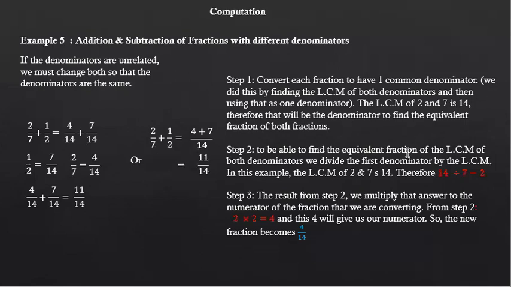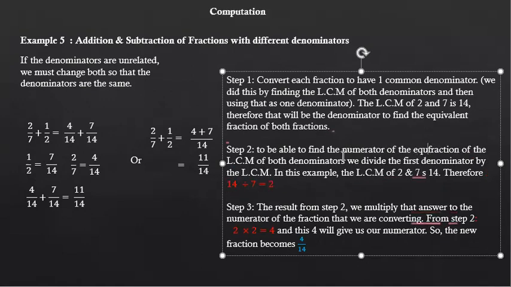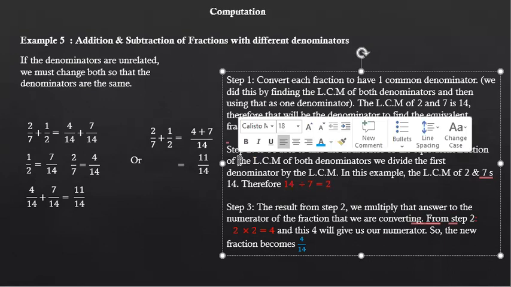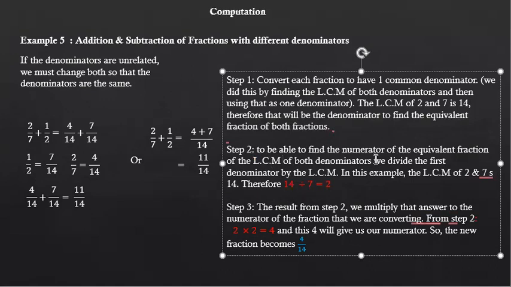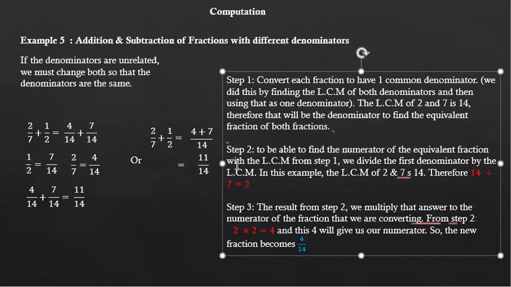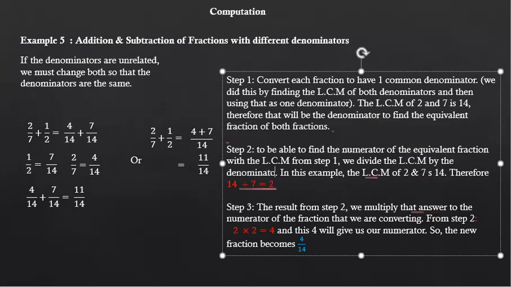Now in step 2, to be able to find the numerator of the equivalent fraction with the LCM from step 1, we divide the LCM, so not the first denominator, we divide the LCM by the denominator of the original fraction.